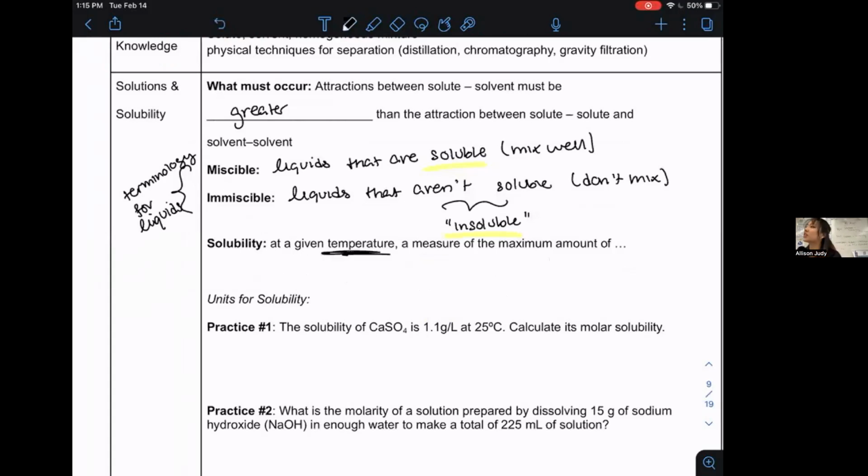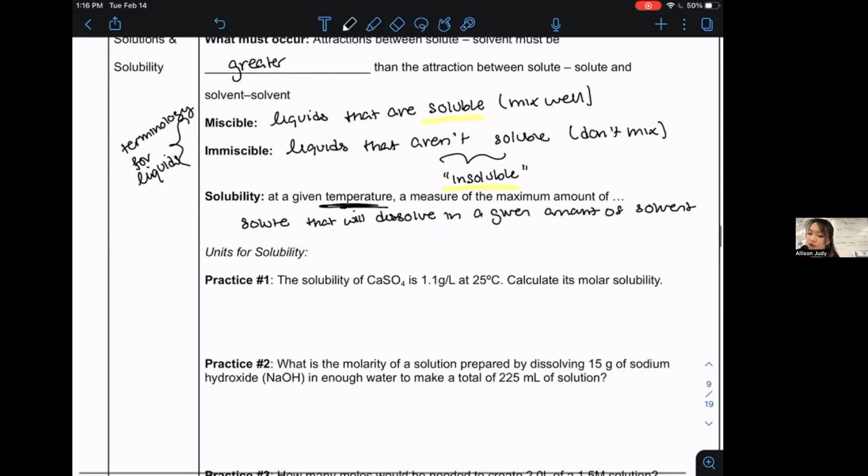So at a given temperature, it's a measure of the maximum amount of solute that will dissolve in a given amount of solvent. And again, it is temperature dependent. That's going to become very important later.